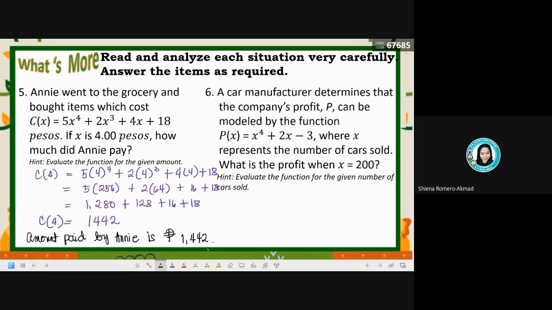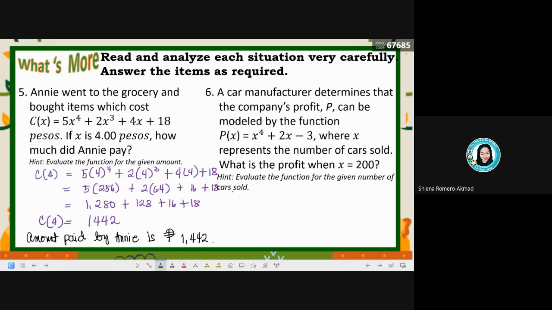And last example, ito madali lang din to. Substitute lang din natin. So, a car manufacturer determines that the company's profit P can be modeled by the function P of x equals x raised to 4 plus 2x minus 3, where x represents the number of cars sold. What is the profit when x is equal to 200?